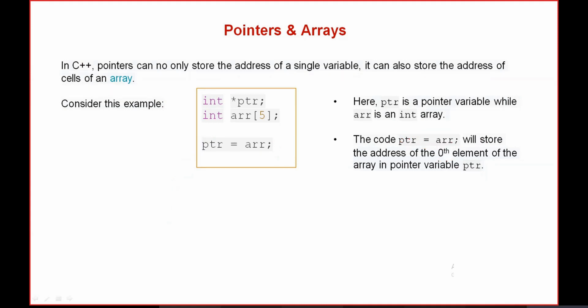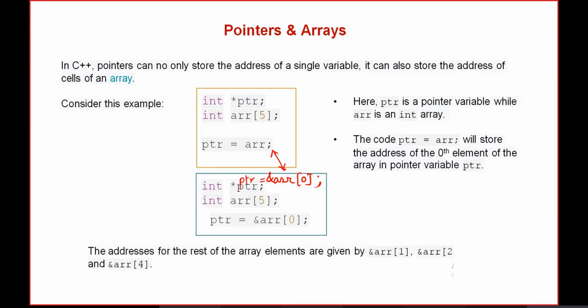So if that is so, when we say ptr is equal to address of arr of 0, what we are saying, ptr should carry address of 0th element. So if we say address of arr of 0, these two values should be the same, right?